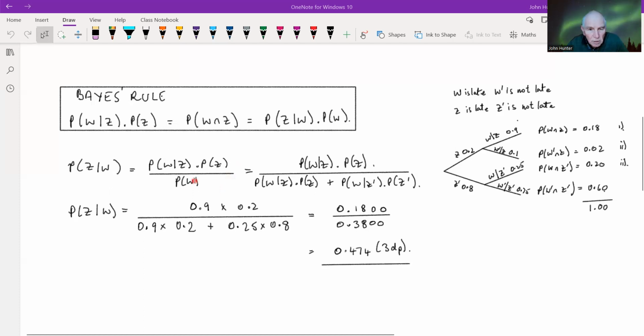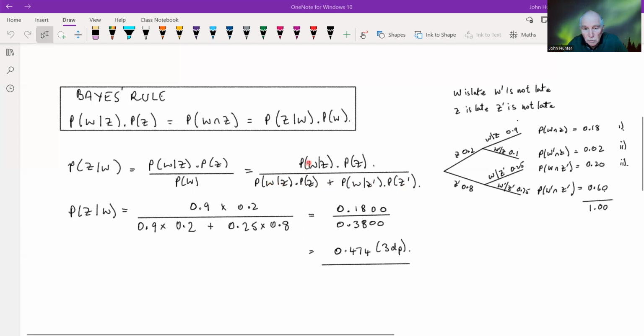The only thing is we often don't actually know this, so we have to decompose it into different parts. The different possibilities for the probability of W are, in this case, only two on the denominator. The probability of we being late given that Zara is late times the probability of Zara is late, plus the probability that we is late given Zara is not late, times the probability that Zara is not late.